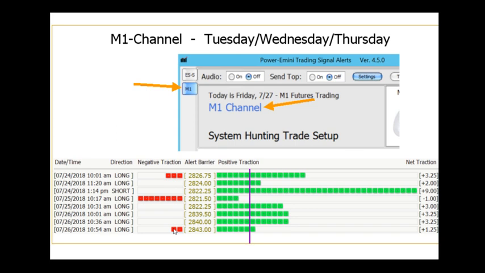Here is the negative traction on the left. Here's the positive traction. Now these are not realized gains or anything. These are just what price did after the alert went out, based on a 1 minute close past the barrier. And what I want you to notice here is we take 1.5 points, 6 ticks.